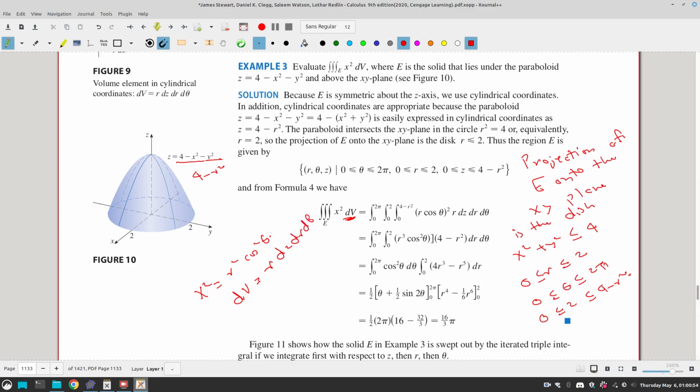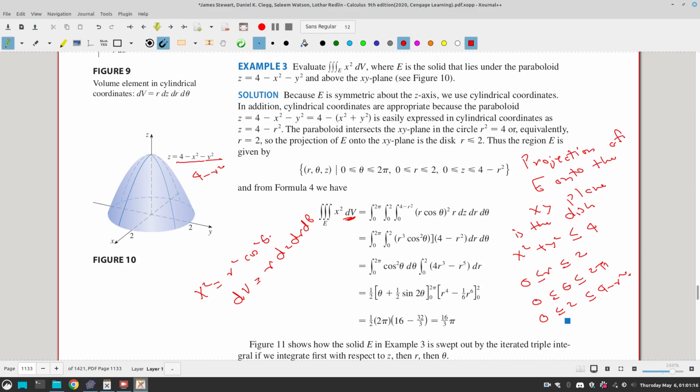Why is dz here first? Because we're integrating with respect to z first, because remember z has the highest number of variables in its limits. And then r and theta are of course constants, so it doesn't really matter whether you integrate with respect to r first or with respect to theta first.